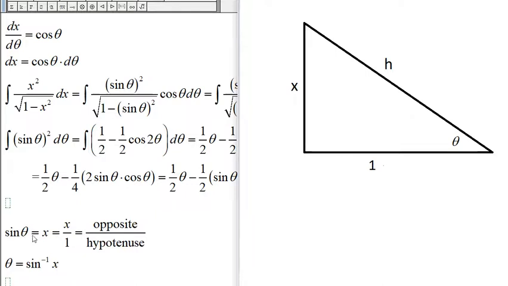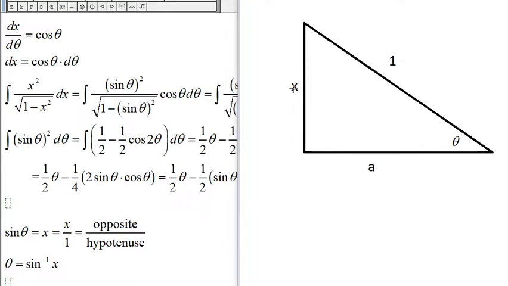Sine of theta is opposite over hypotenuse. And so this is the angle theta. Opposite is x. Hypotenuse is 1. This is the adjacent side.